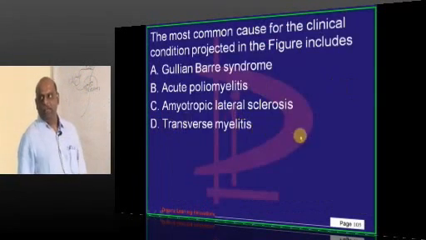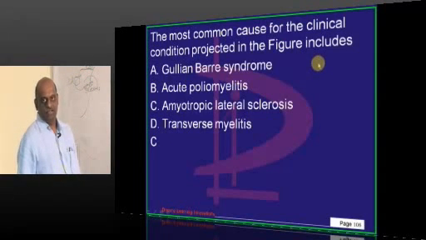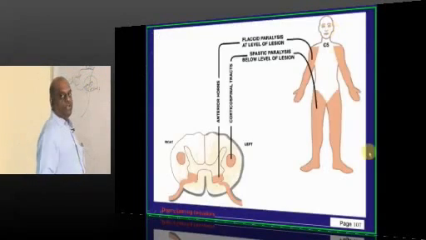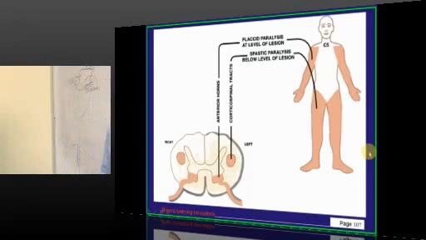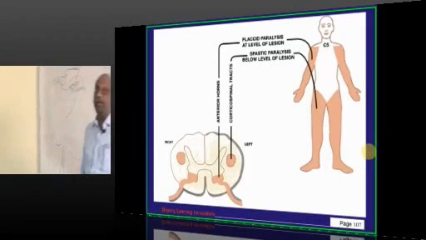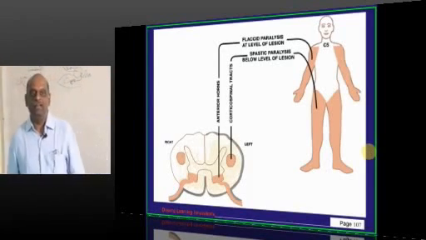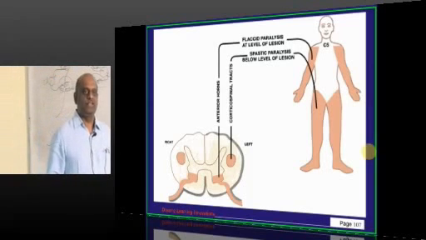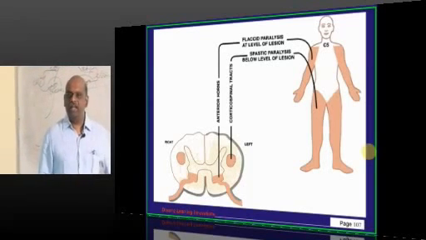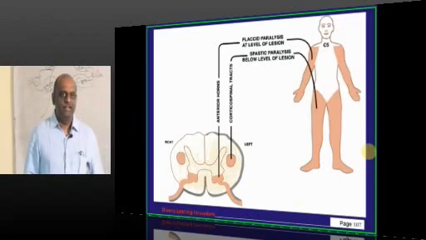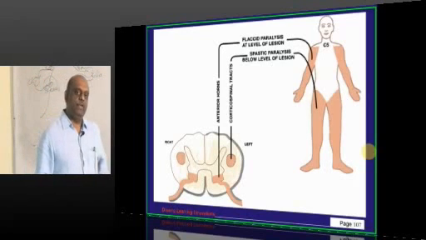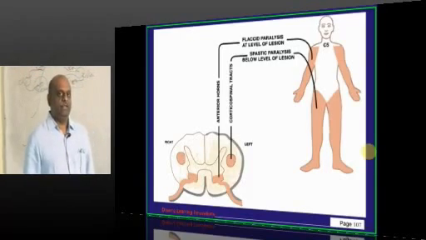This combination is found in amyotrophic lateral sclerosis. Who is the great man who had amyotrophic lateral sclerosis? Stephen Hawking. And there is a recent Hollywood movie on that. Very good movie.